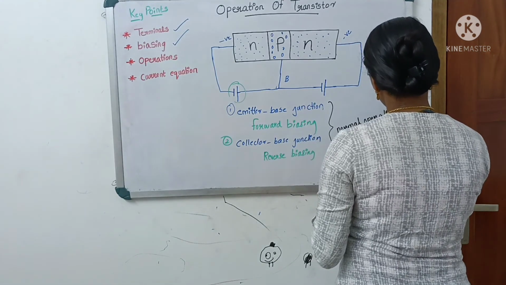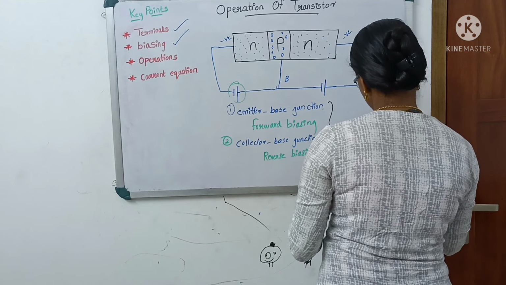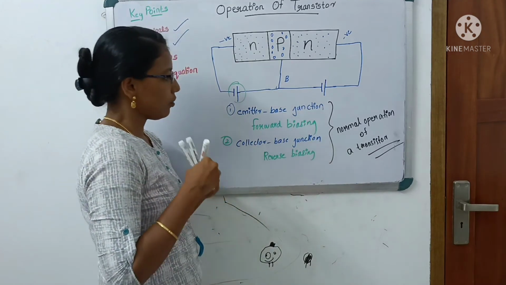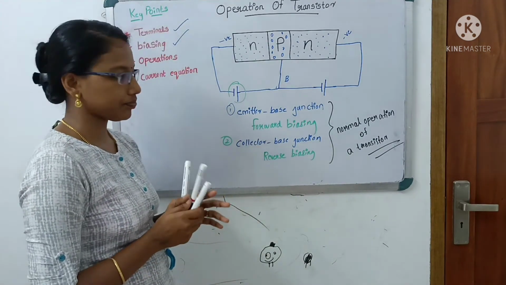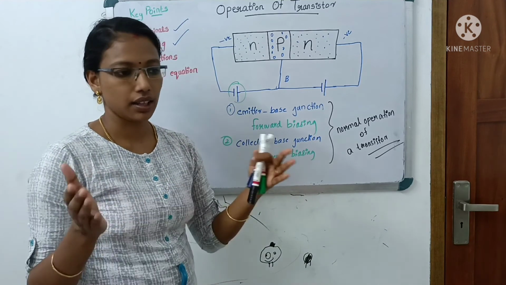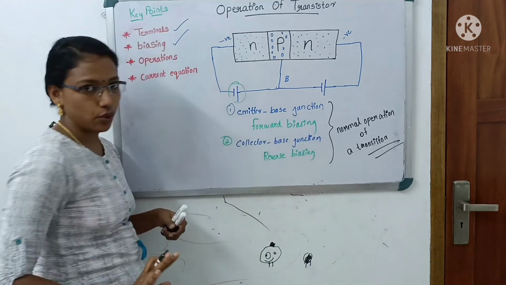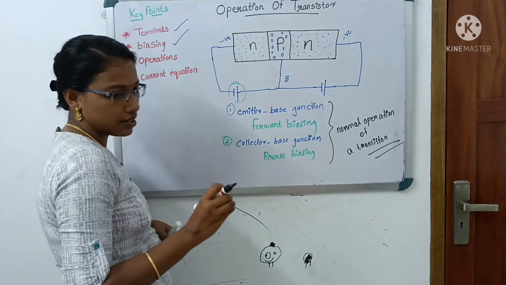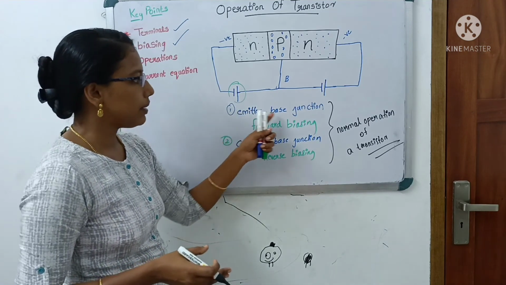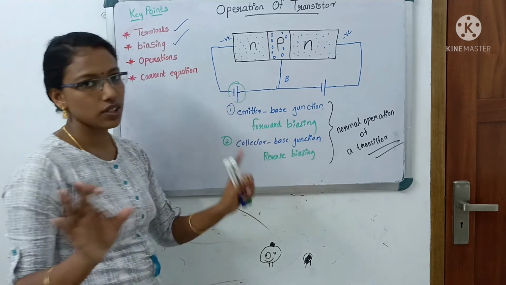When the transistor is operated in normal operation, the emitter base junction is forward biased and the collector base junction is reverse biased.